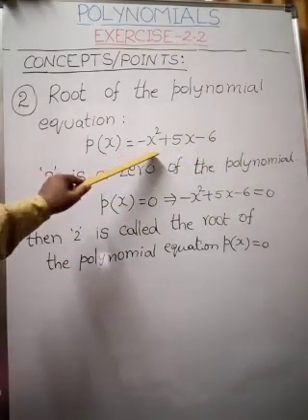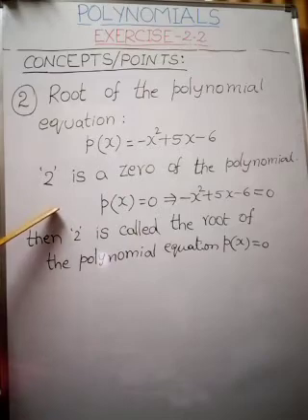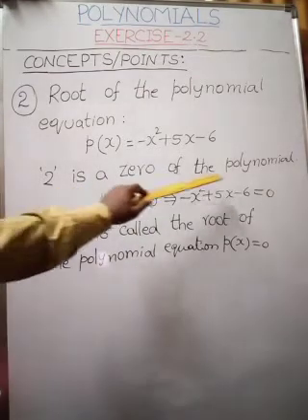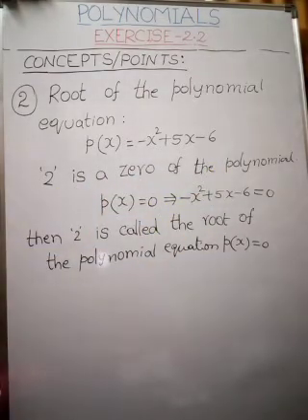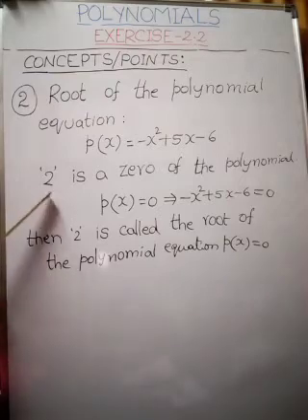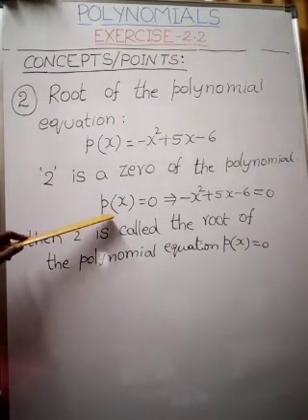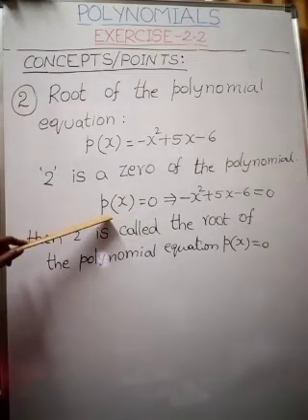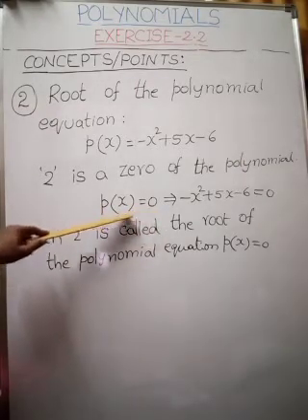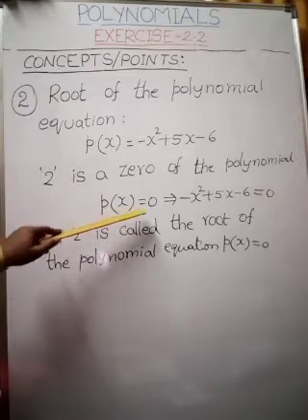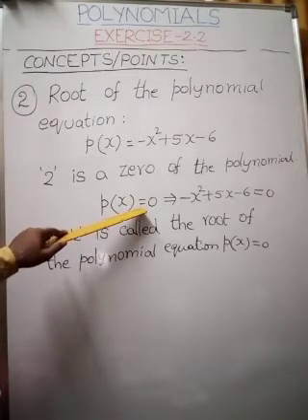For this polynomial, we have proved that 2 is a 0 of the polynomial. Isn't it, my dear children? We have proved or not? Yes. 2 is a 0 of the polynomial. Okay, my dear children. Now, if you write this equation, p of x is equal to 0, this is called a polynomial equation because the equal to sign is there.